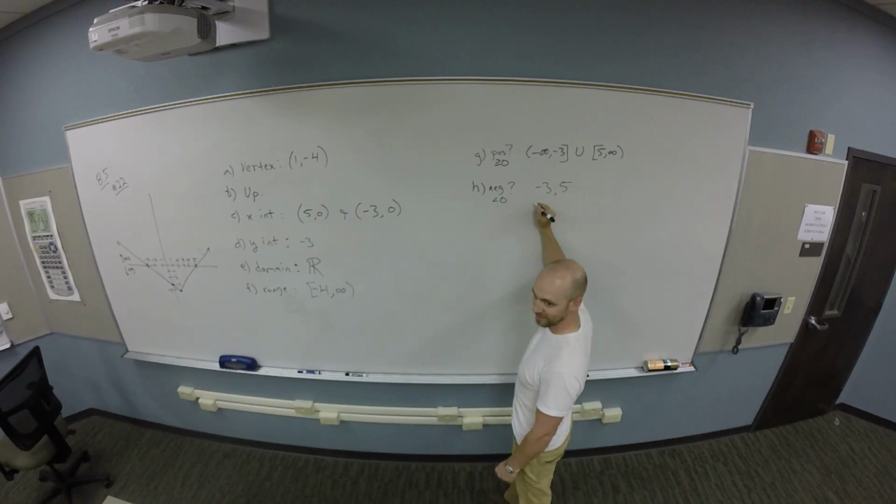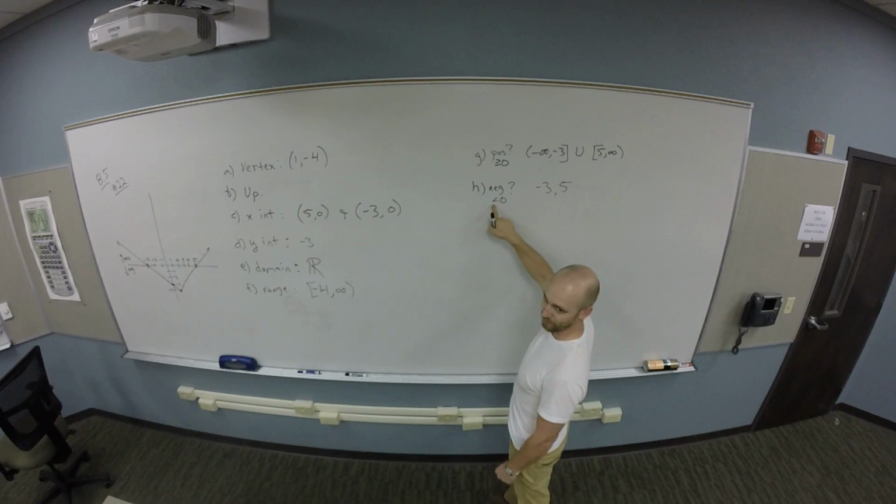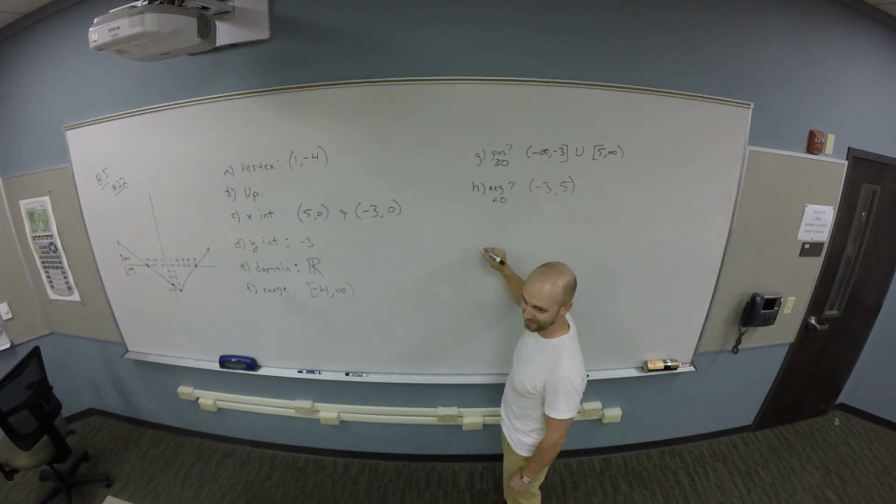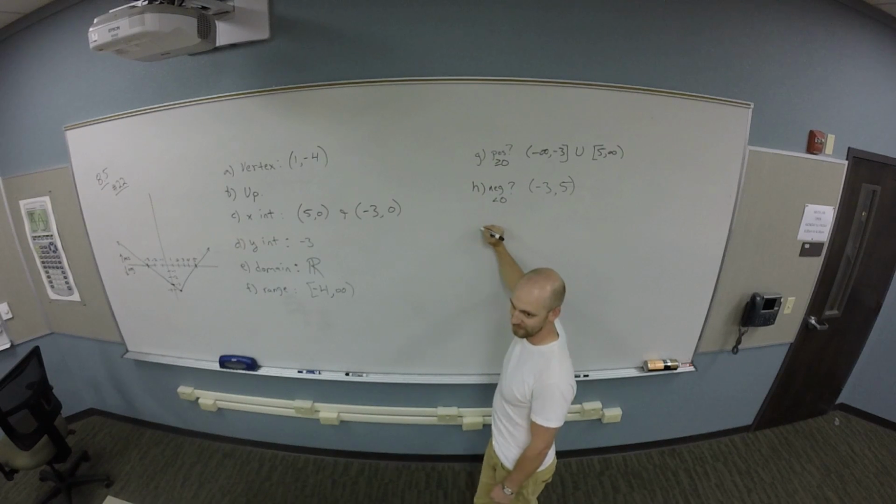Brackets or opens? Oh, no, no, no. Because I said strictly, they're open. It's not less than or equal to. The equal to means it's a bracket. Does that make sense, Logan?